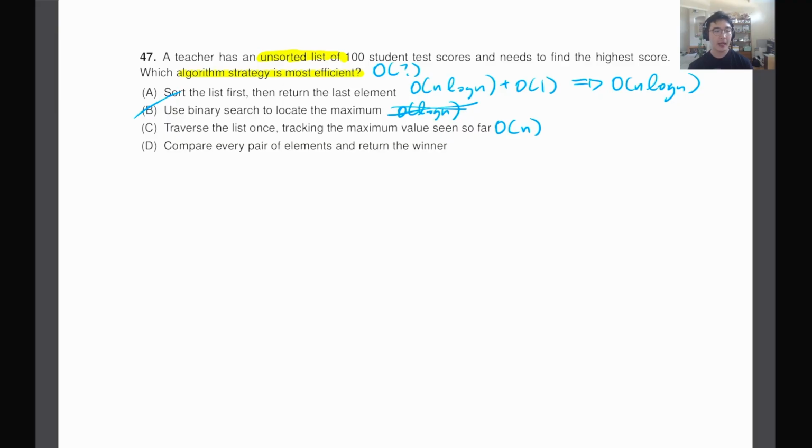What about comparing every pair of elements and returning the winner? Now, think about that. It might seem like you're doing a linear search, but imagine you have 100 elements. It's not just comparing 1, 2, 1, 3, 1, 4, 1, 5, dot dot dot, 1, 100. It's also comparing 2, 3, 2, 4, 2, 5, 2, 6, and so forth, right?